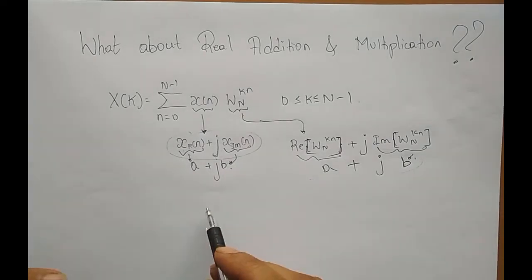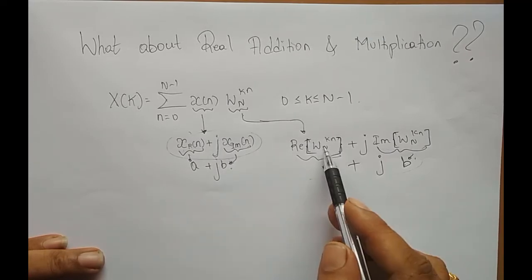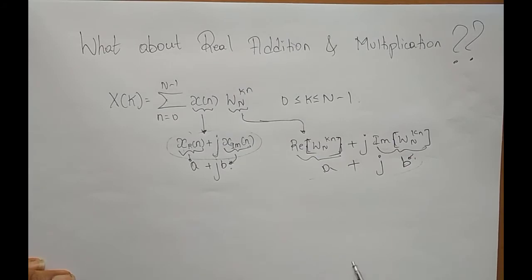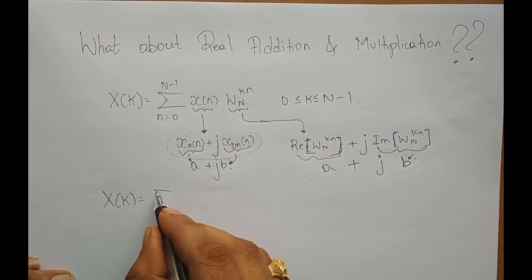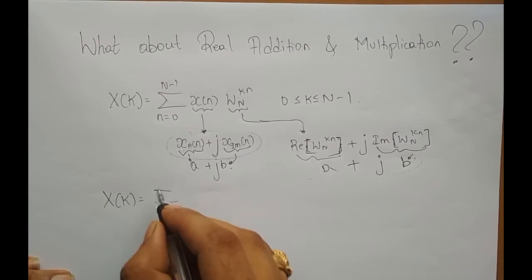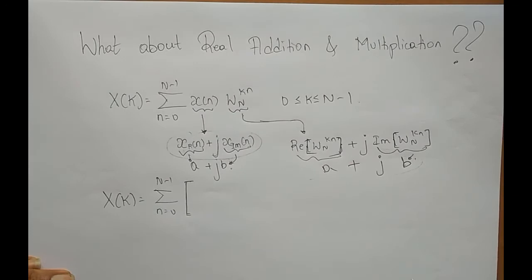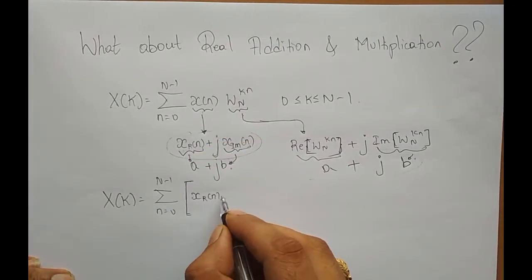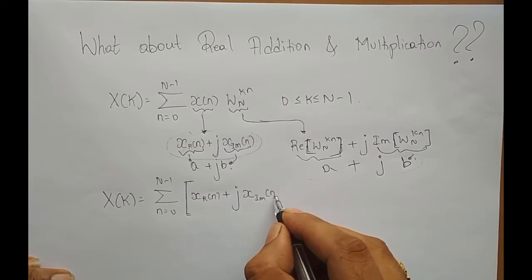Fine. So let me just plug these real parts and imaginary part of x of n and omega n to the formula, and we'll simplify it and we'll see what do we get. So x of k is equal to summation n varying from 0 to n minus 1. I'll take it out. Later on we can put it inside. So what is x of n? It is x real of n plus j into x imaginary part of n.